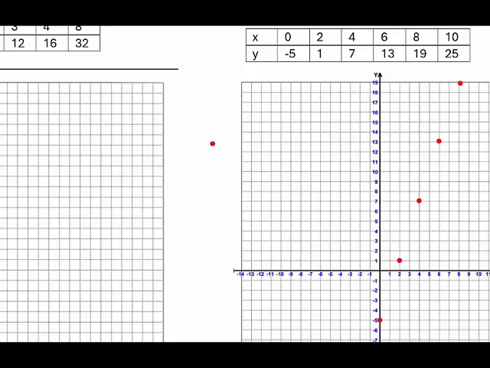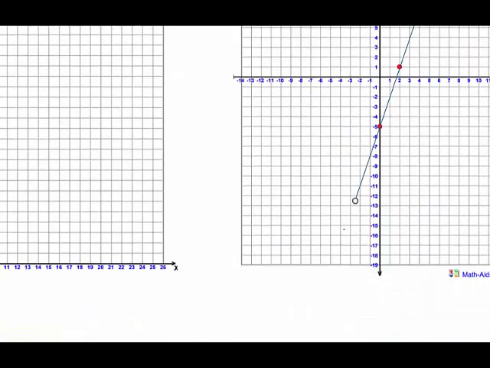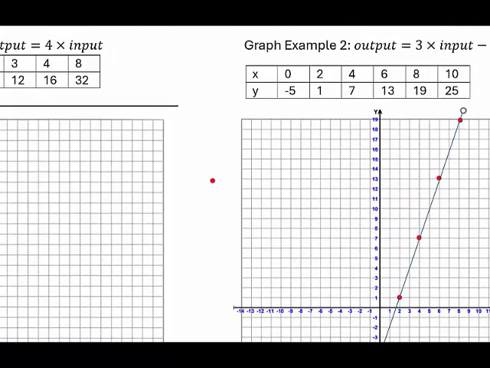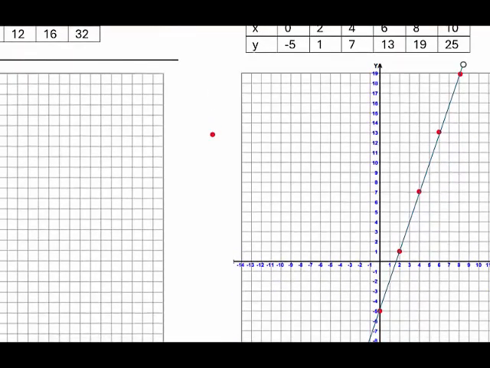Now we're going to draw a straight line. This goes like this. So I start at those points and I keep my line going. That line actually keeps going to infinity and beyond, and I should have 2 arrows on the ends of them because they literally do keep going.